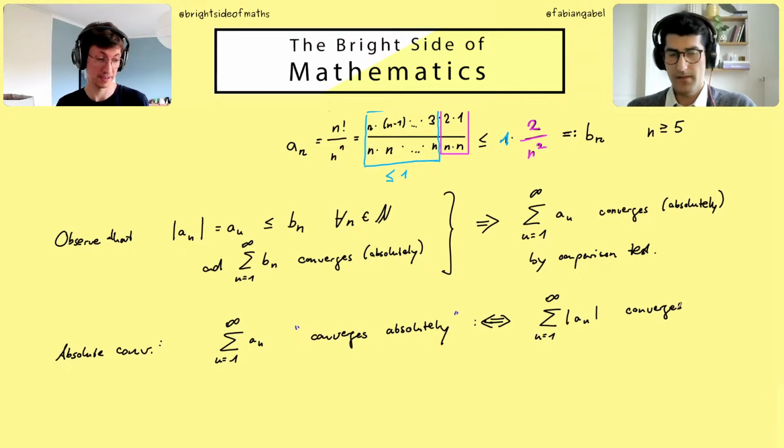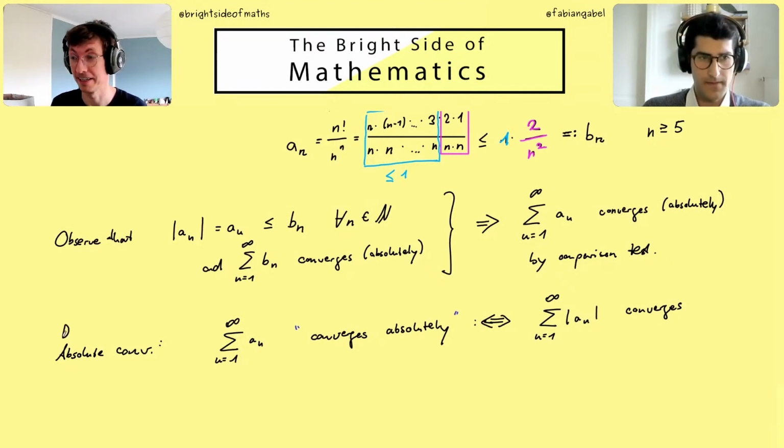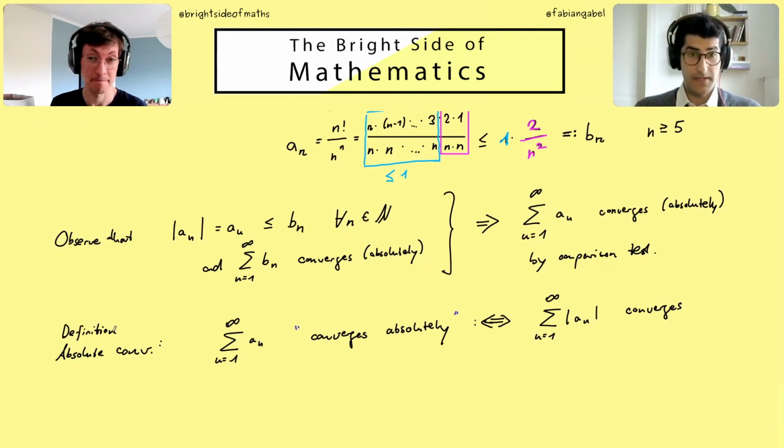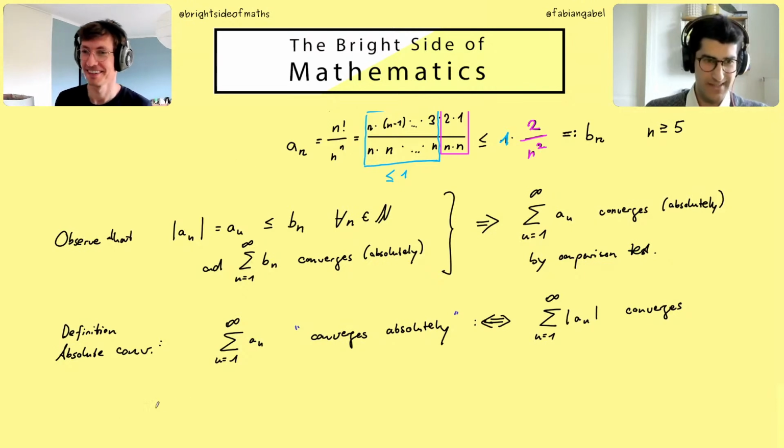If you ignore the signs, so if you have negative and positive signs in this series, you just add them up with absolute values. So you see it's a stronger requirement. Yes, it's stronger. And I think, Julian, there is a classical example that tells you that not every convergent series also converges absolutely. Maybe we should also state this one.